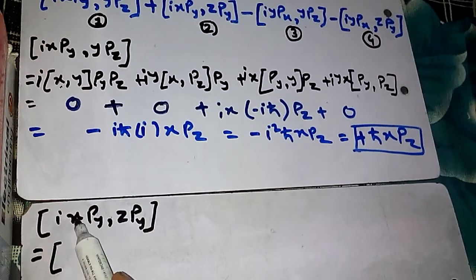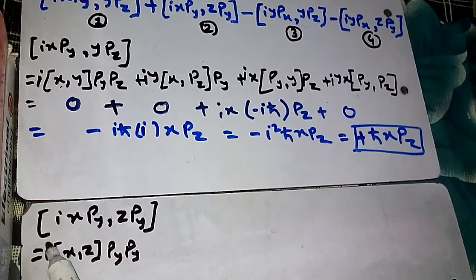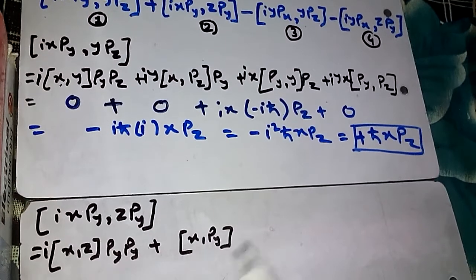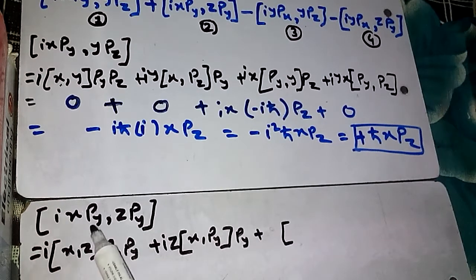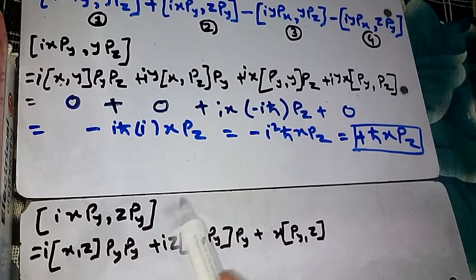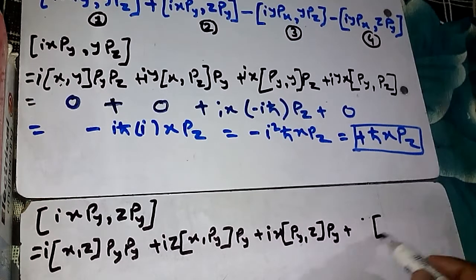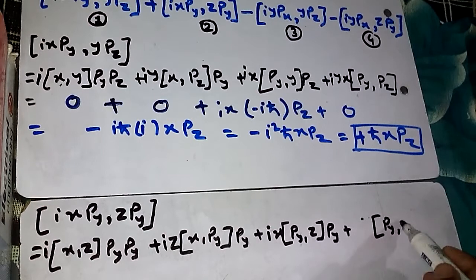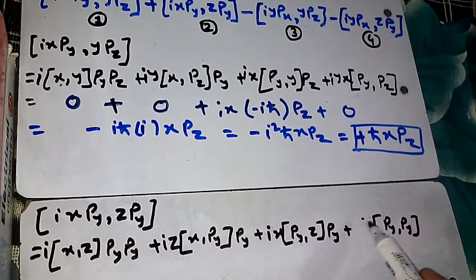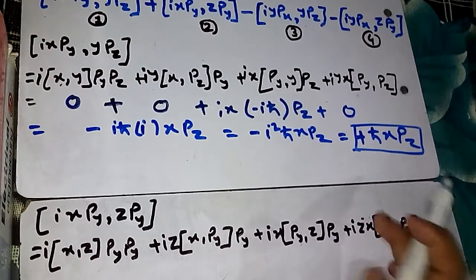So it will be given as this x and z commutation, py, and this py will come outside, and this i is a constant, so obviously it will come outside, plus commutation of x and py, this py will come outside here, and this z will come to this side, and i will come outside, plus commutation of py z, and this x will come outside, and this py will come this side, and i will come outside, plus commutation of py and this py, and this x and z will come outside, z first and then x, and obviously i will come outside.